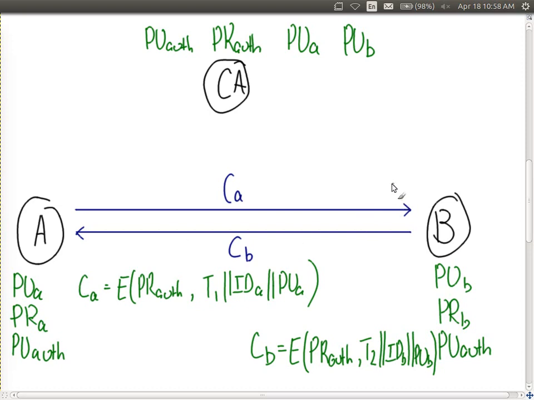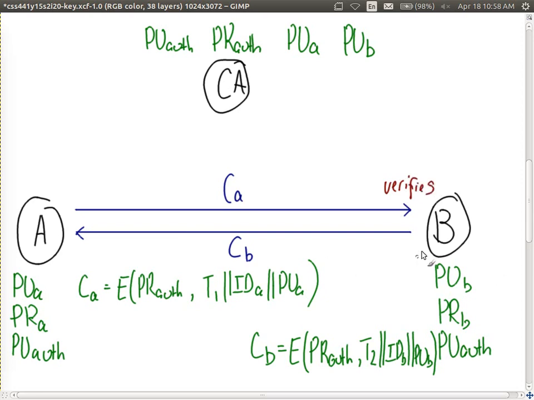B verifies CA. And when B sends back CB, when A receives CB, it also verifies. Whenever we receive a certificate, we should verify to check that it's valid.